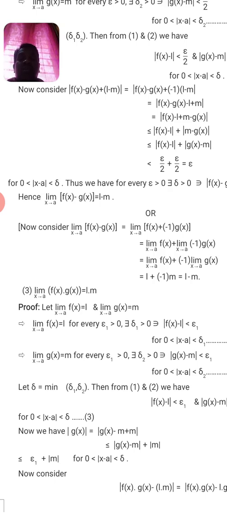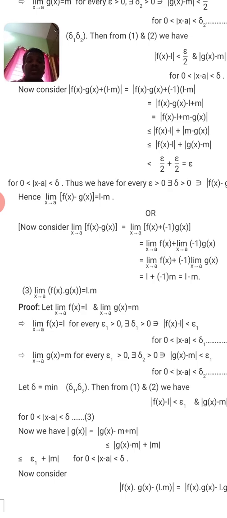For the second property I will prove it by one more method. Consider limit x tends to a of f of x minus g of x, which is equal to limit x tends to a of f of x plus minus 1 into g of x, which means the left-hand side can also be written like this.